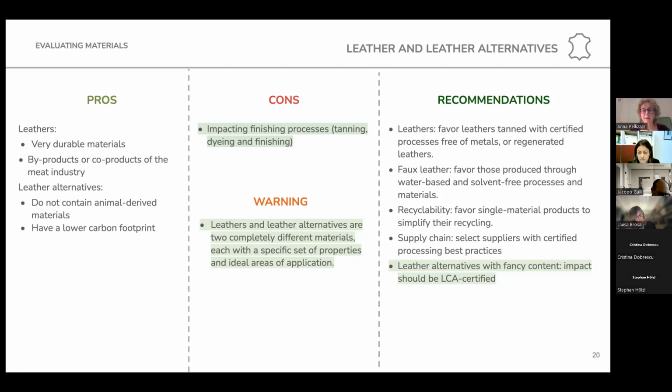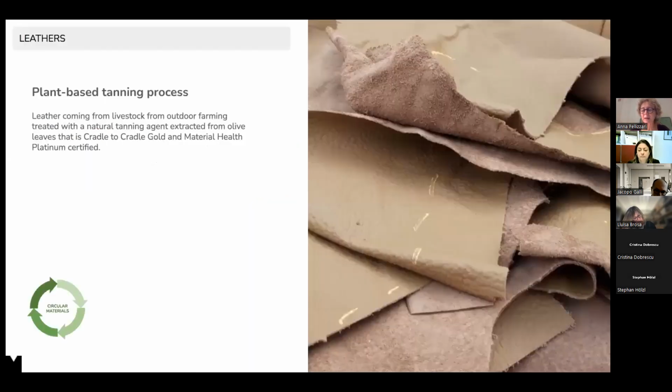So these will very soon be considered greenwashing. So this is something I would warn everyone that looks for these types of materials to have substance behind sustainability claims.